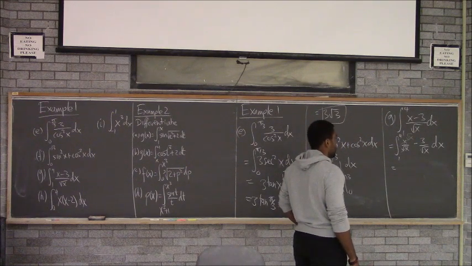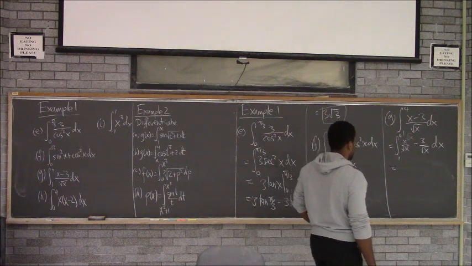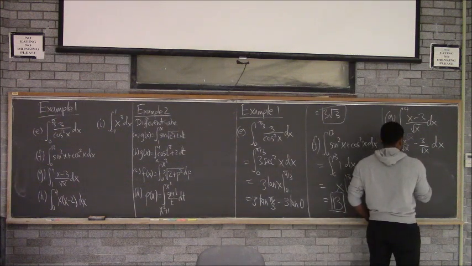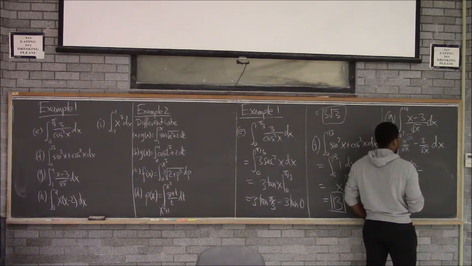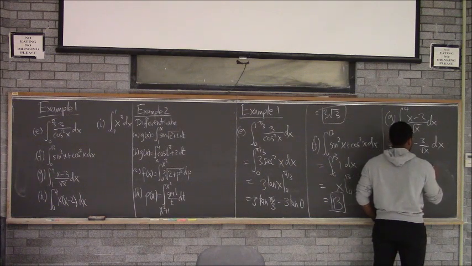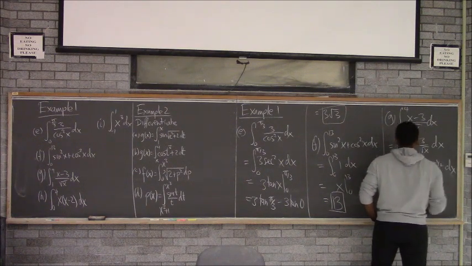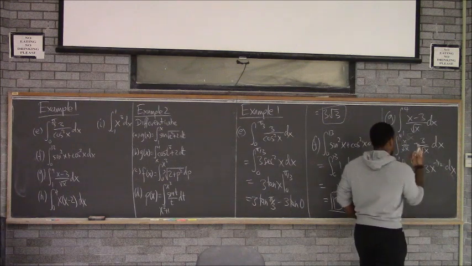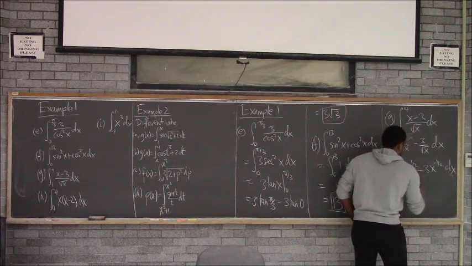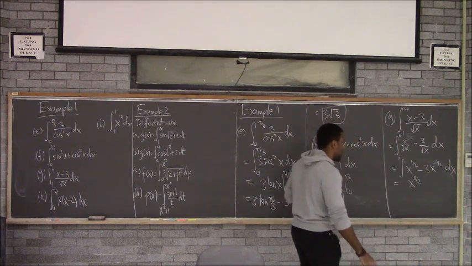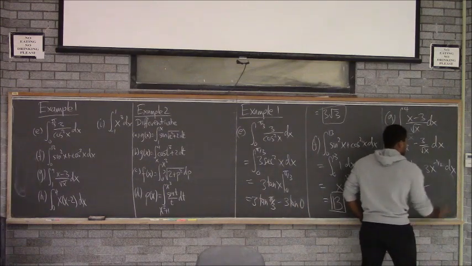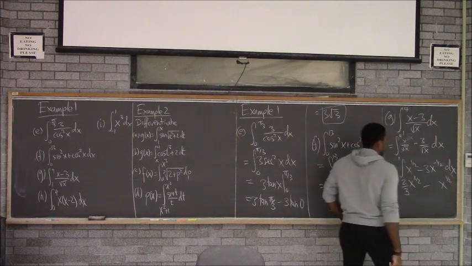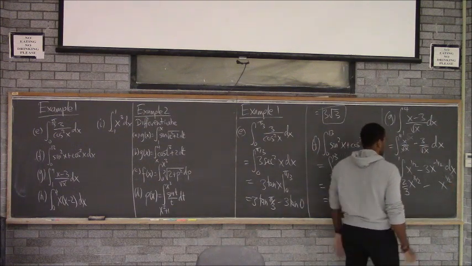So the square root of x can be written as x to 1/2. So you would add 1 to the power, and then that creates 3 times x. So you add 1 to the power, get 3 over 2, divide by the new power, divide by a fraction, same as multiplying by its reciprocal. Here, you add 1 to the power, you get a half, divide by the new power, means multiply by the reciprocal.